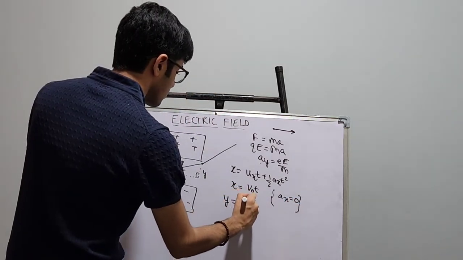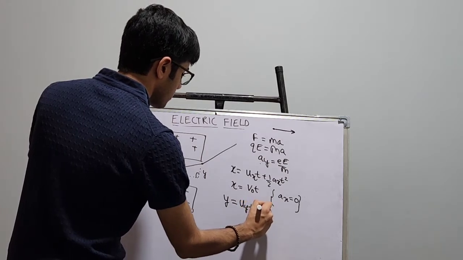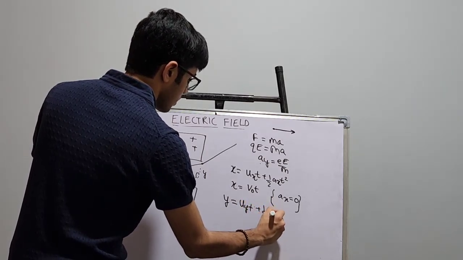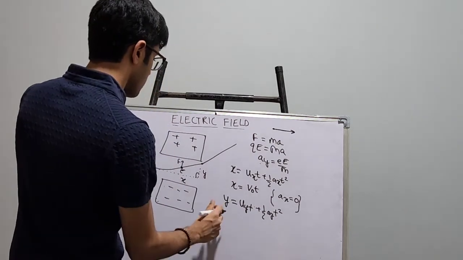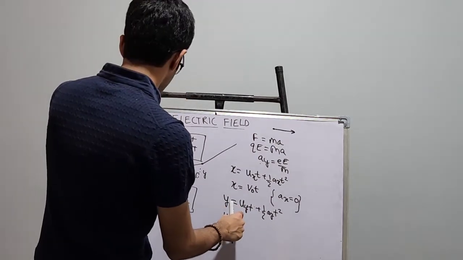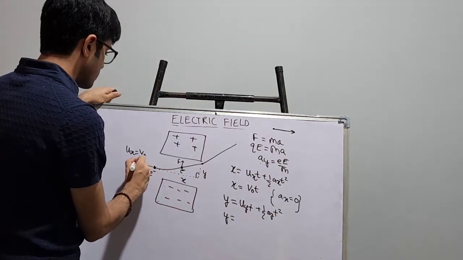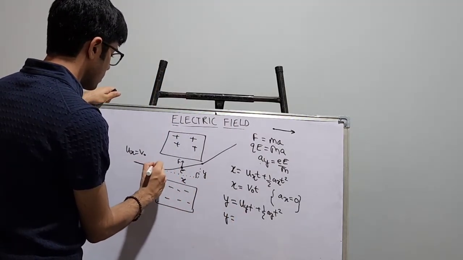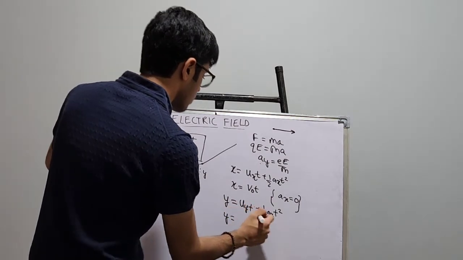Now y is equal to uyt plus half ayt squared. So y here is equal to, initial velocity in y direction is 0 because it is only moving in the x direction. So uyt is 0.